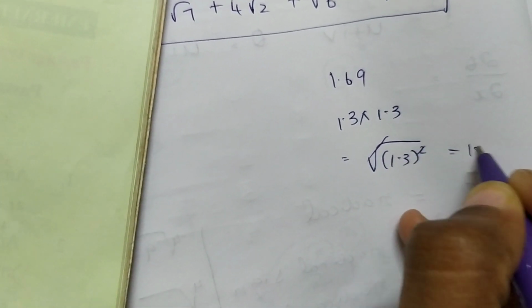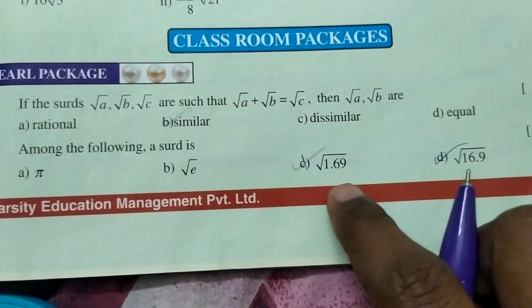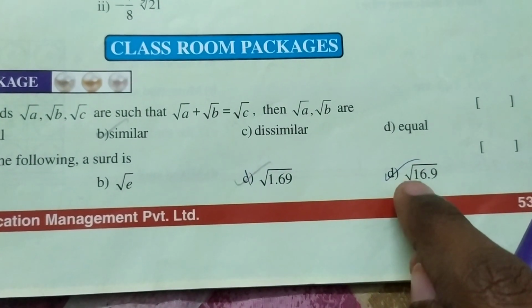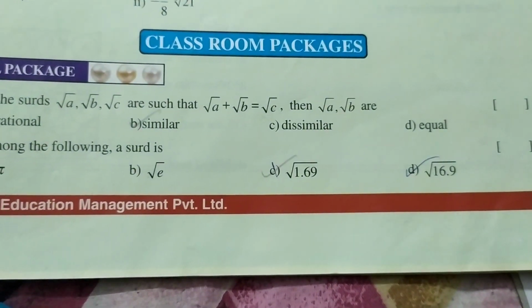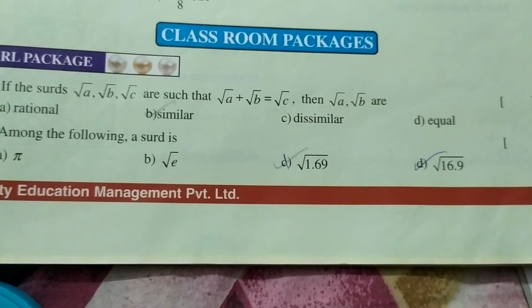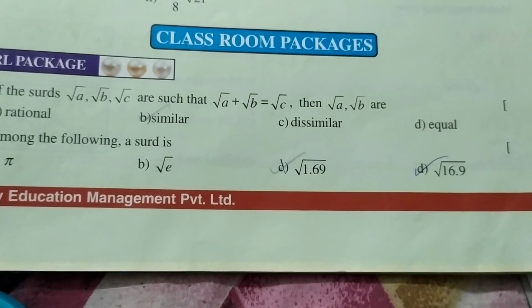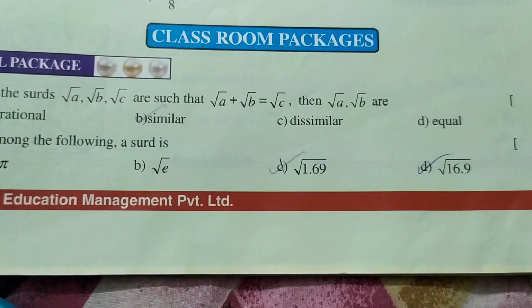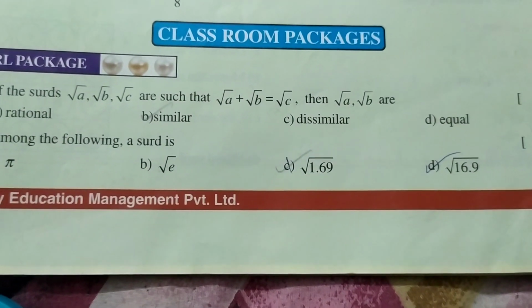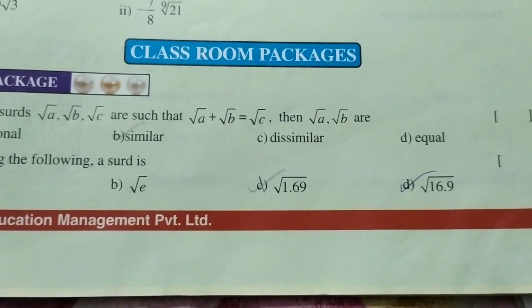When this gets cancelled, you are getting a rational number. Therefore root 1.69 is not a surd. Here root of 16.9 is a surd. You may think 16 we can write as 4 squared and 9 as 3 squared, but the basic thing is we can't just square it up to get 16.9. Therefore, the surd is root of 16.9.